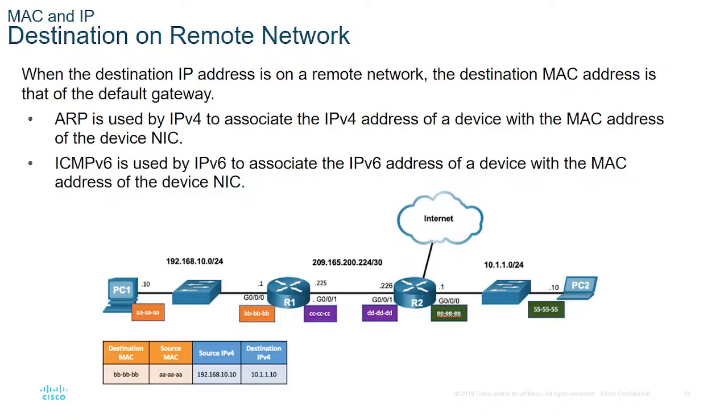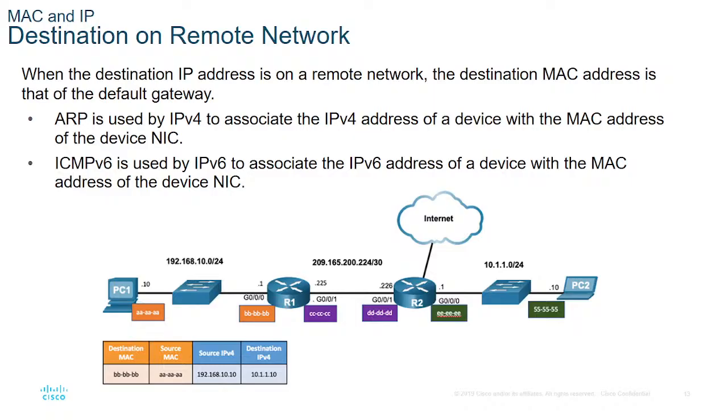So for that reason, to be able to communicate with the default gateway, it will be the MAC address of the gateway that will be put in the destination part of the frame, just so that the PC can communicate with the router. Remember, to communicate with the device on the same network, that is the default gateway itself, only physical addresses are used to identify source and destination.